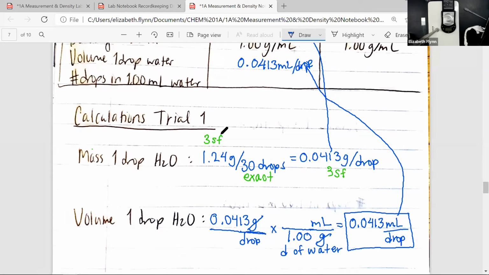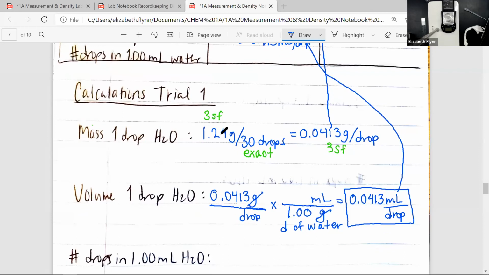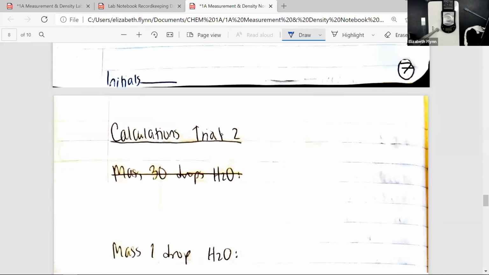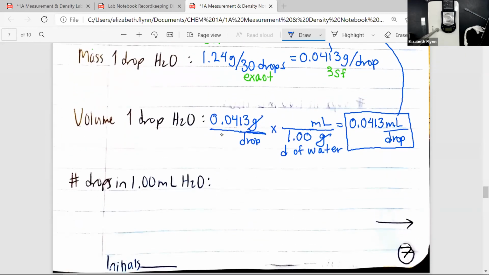And we've just got one more part. Let's calculate the number of drops in 1.00 milliliters of water. So now we've got 1.00 milliliters of H2O. We want to calculate the number of drops per milliliter, right? We've got this many milliliters per drop. So let's place this into the calculation.